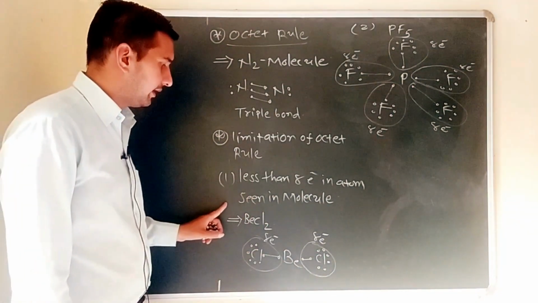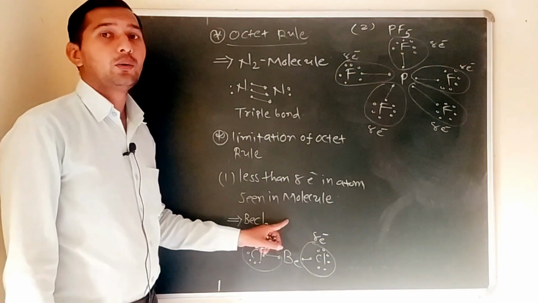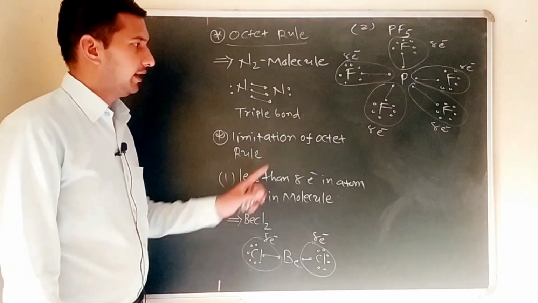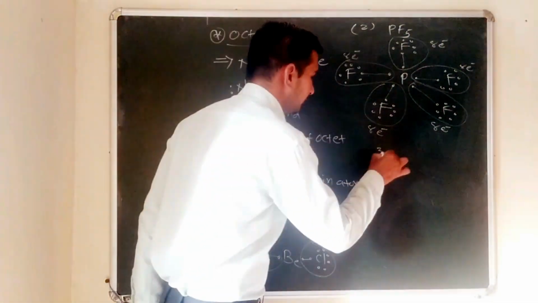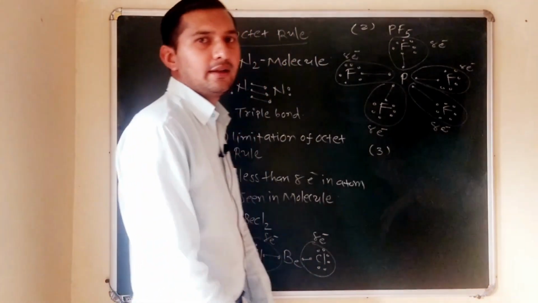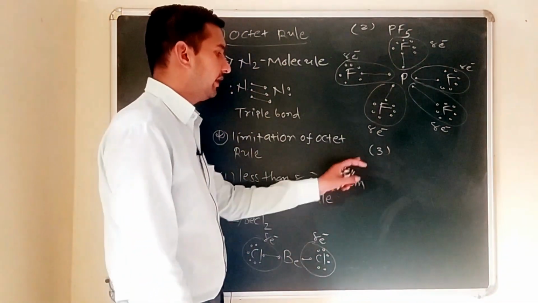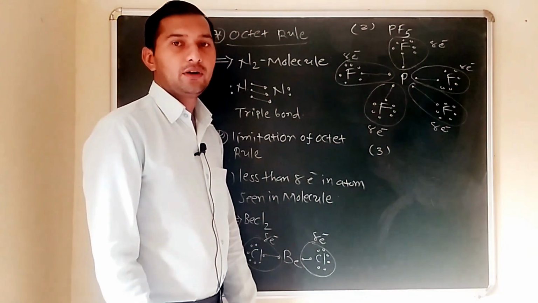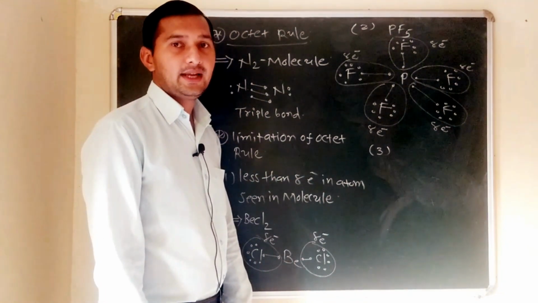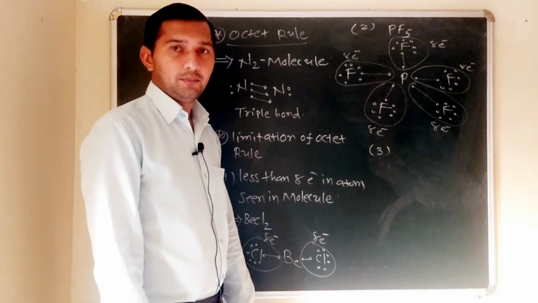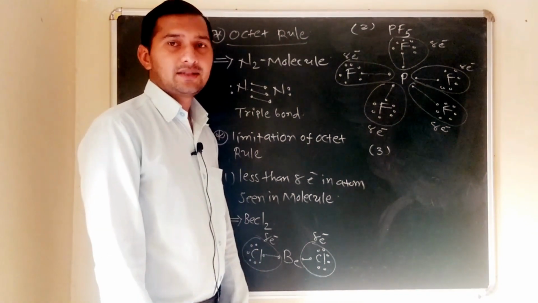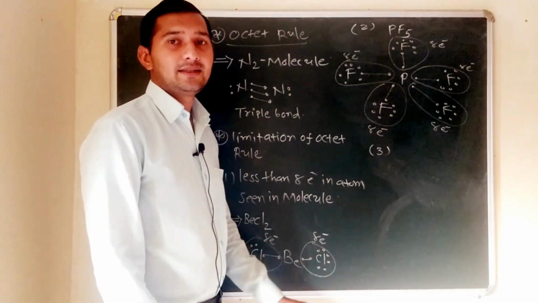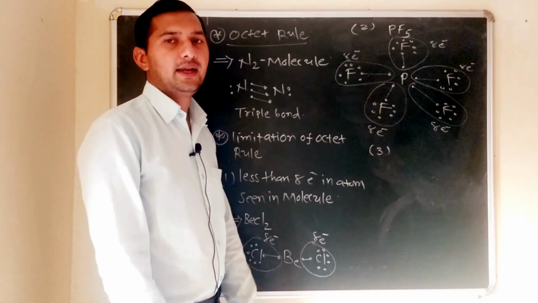The first one is fewer than 8 electrons, lower than 8 valence electrons. The last one is the third limitation. The third limitation means certain molecules have an odd electronic configuration in the outermost shell in the molecule, but even so they acquire stability, or are stable, or exist at normal temperature and pressure.